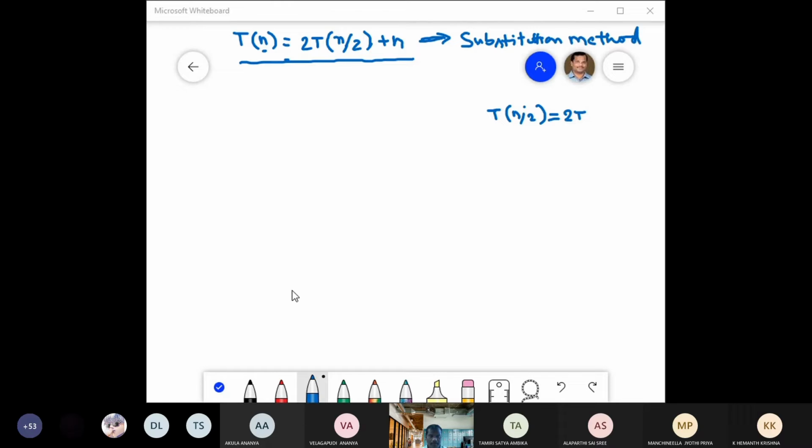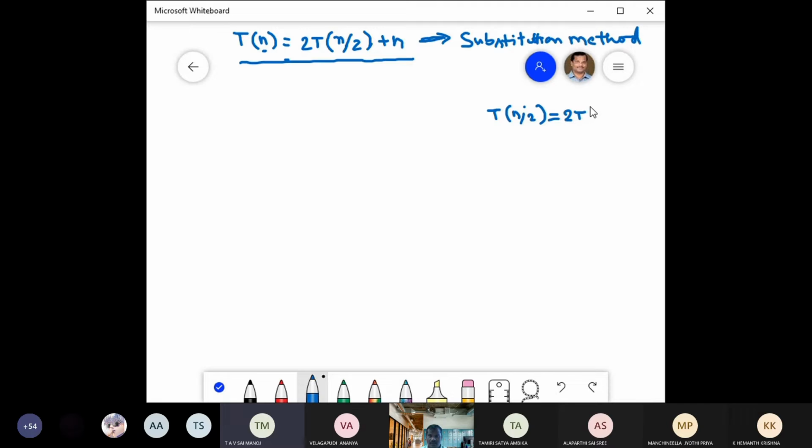Sai Manoj, can you tell me what is the value of T of n by 2? T of n is 2 into T of n by 2 plus n, sir.